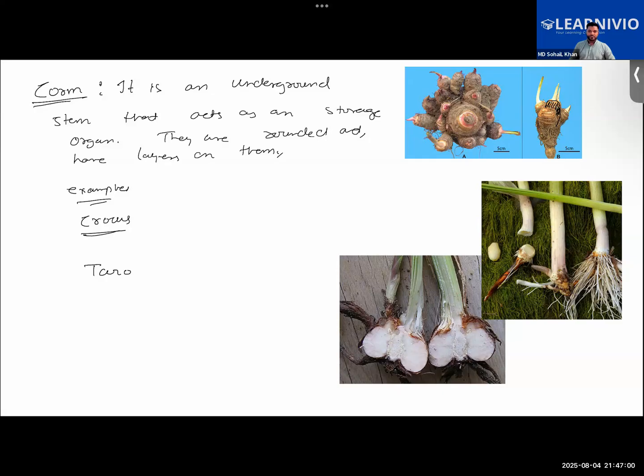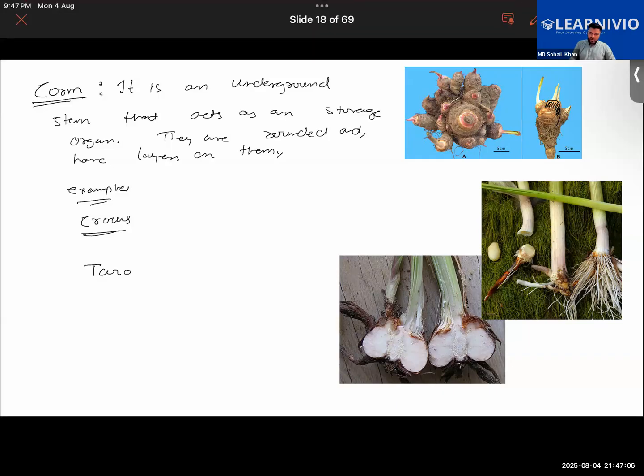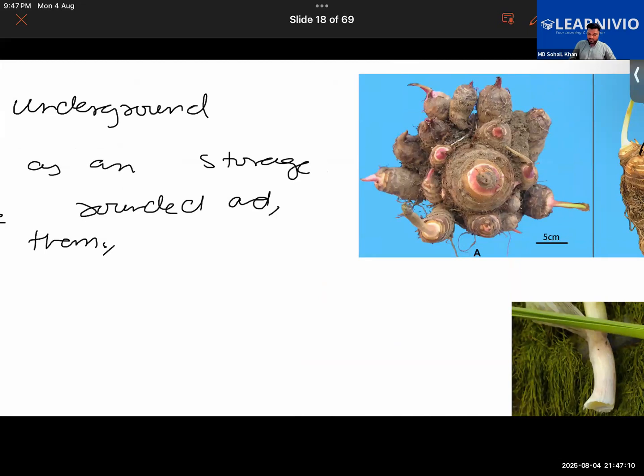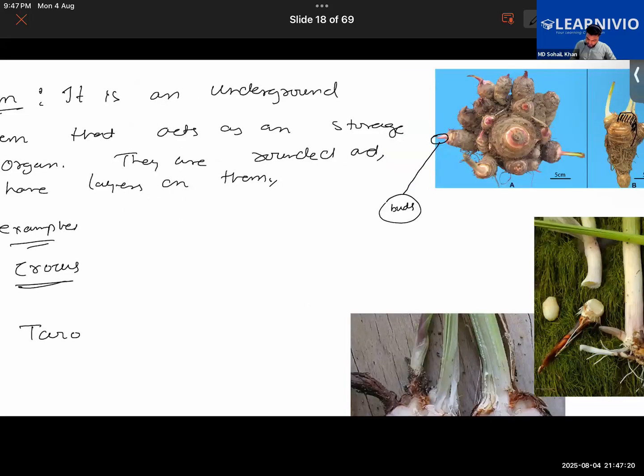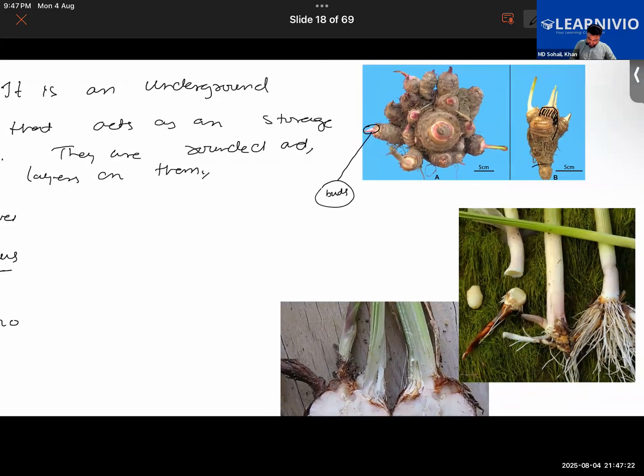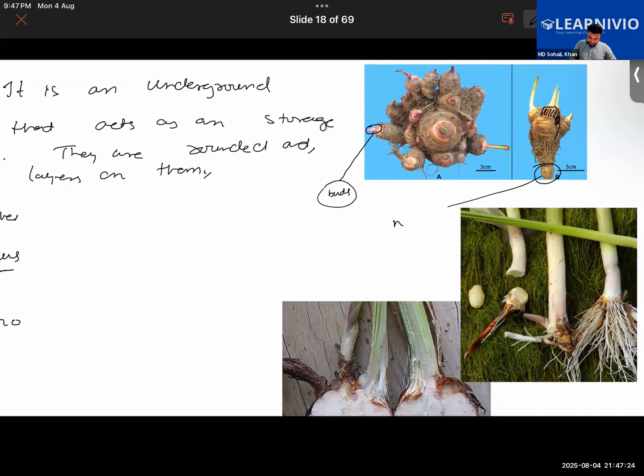Getting it? So corms have got nodes in them. They too will have special structures, these are the buds. Then they will have these nodes in them.